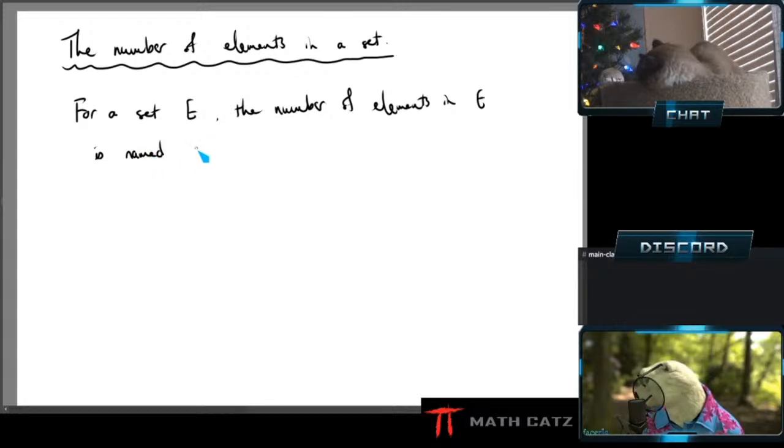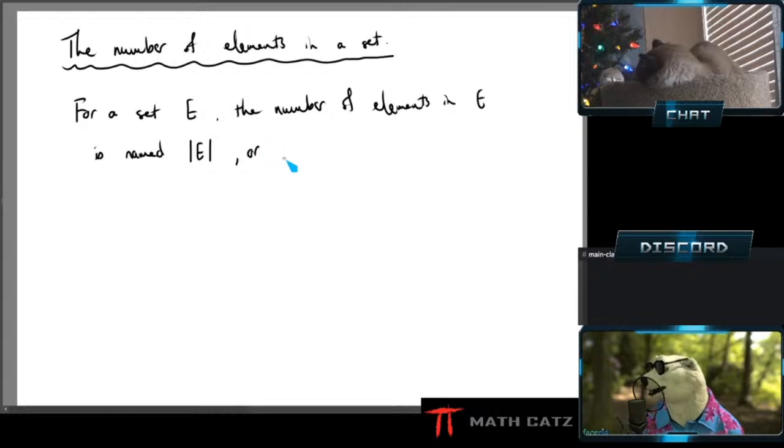Of course, it's a number that is related to the collection of elements that E represents, but it's not E. E is a set. The number of things that are in there will be represented with an E and a line on either side.